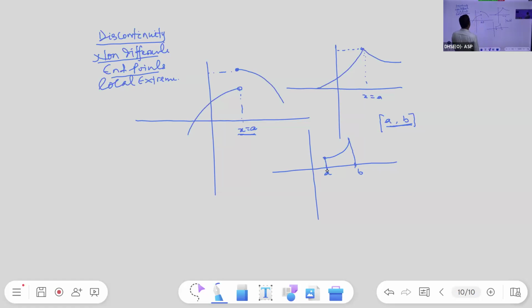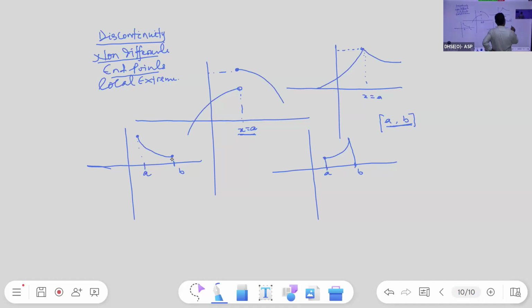So there is a chance that the global maximum or global minimum value may occur at the endpoints of the domain. If the function is strictly decreasing, then the global maximum value is at a and the global minimum value is at b. Okay.